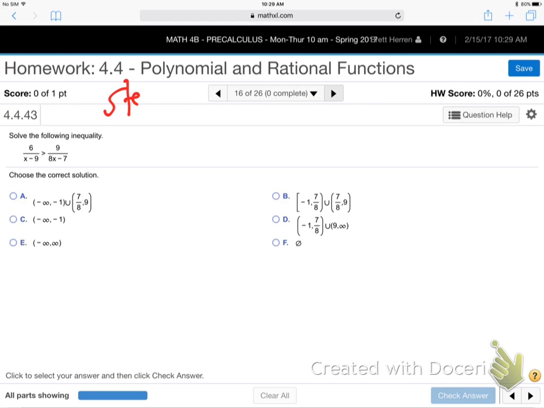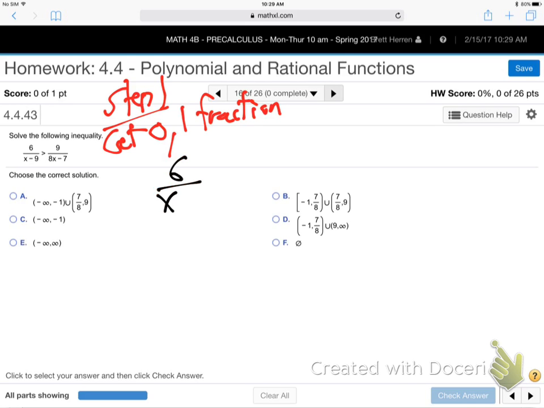Okay, so step 1, get a 0 and make it one fraction, right? So it's going to be 6 over x minus 9 minus 9 over 8x minus 7 greater than 0. Is that good so far? Now we've got to combine those into one fraction.